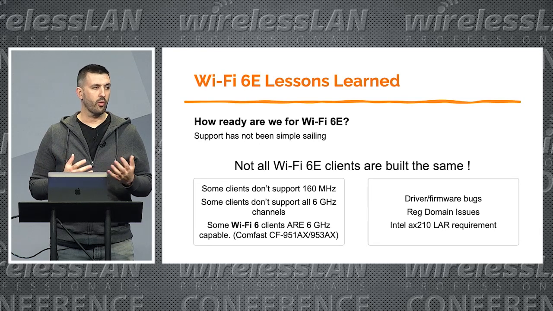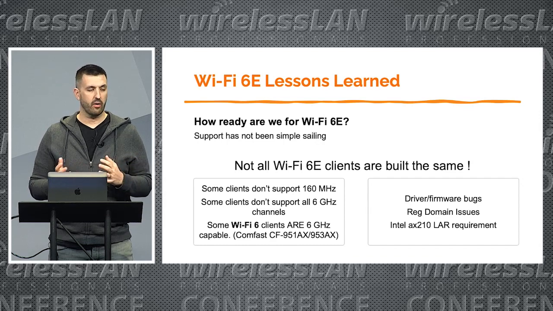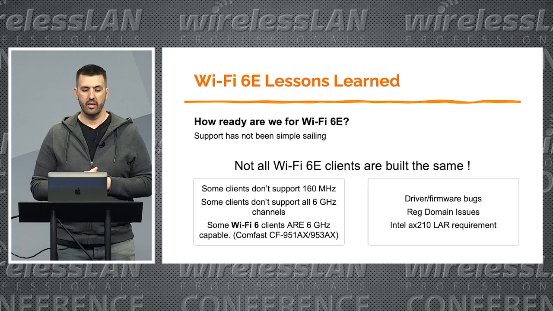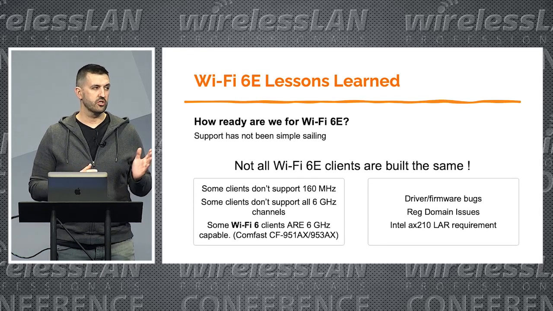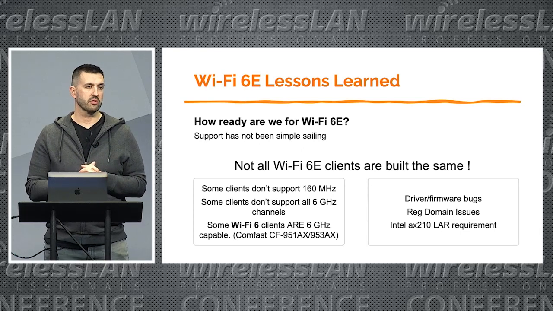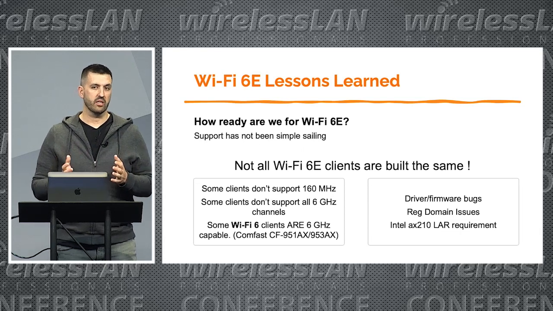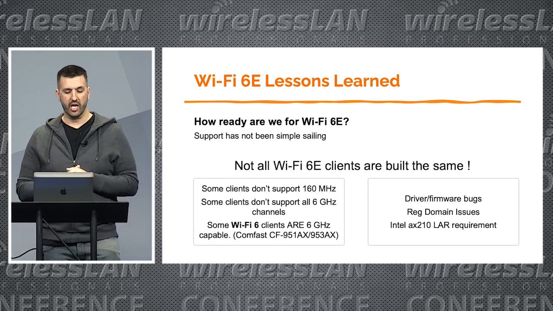That's likely more like regulatory domain type implementations is what we're seeing. So that will hopefully get sorted out over time as firmware and drivers get updated. But you might run into situations where only the lower 6 gigahertz channels are supported by some of those client devices in your network. So again, having to take those kinds of things into your channel planning.